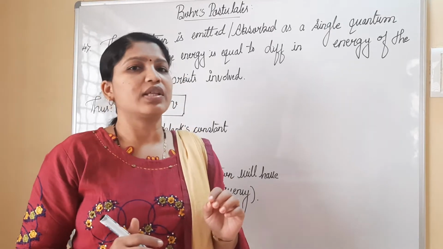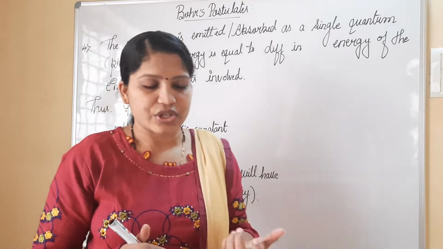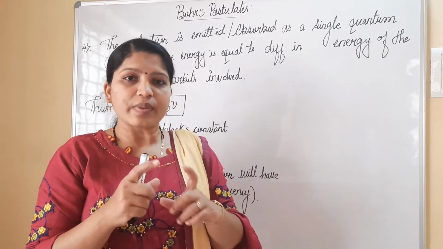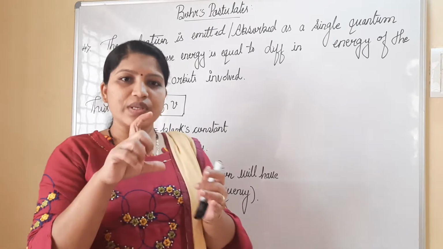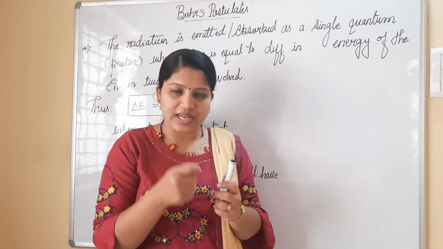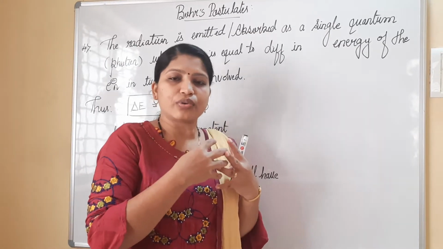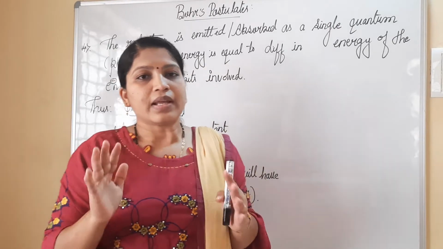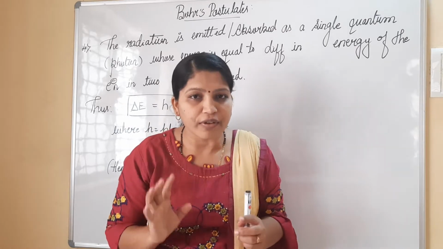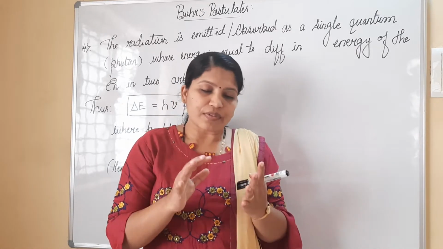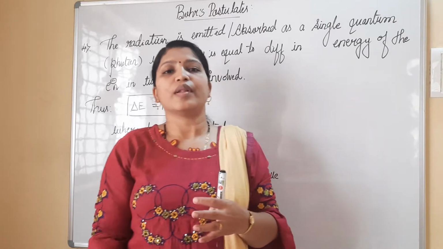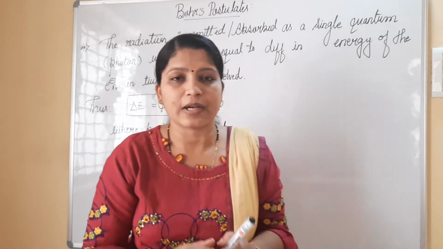I explained with the hydrogen spectrum in our last session that whenever a hydrogen gas filled tube is taken, it is applied with an electric discharge. This is passed over the prism. Then we observe many lines on a photographic film. That indicates some amount of wavelength is absorbed, and some amount of wavelength is also emitted.